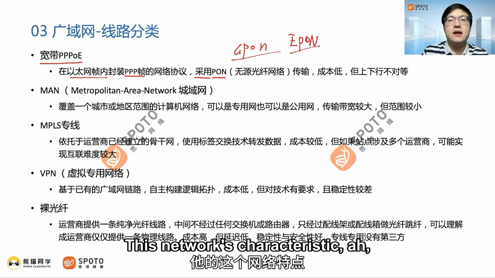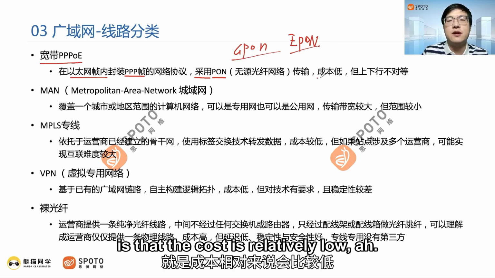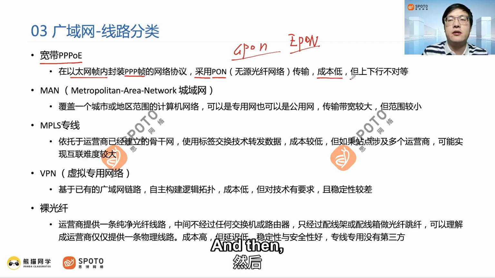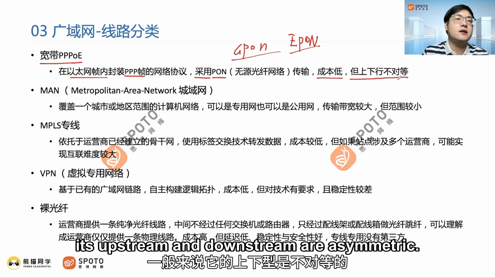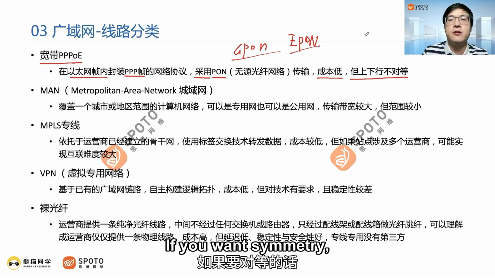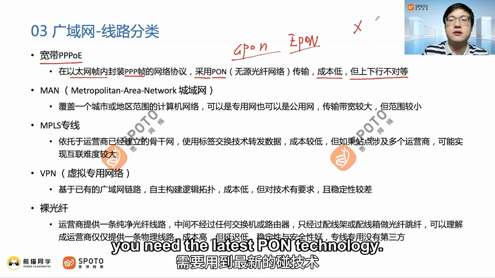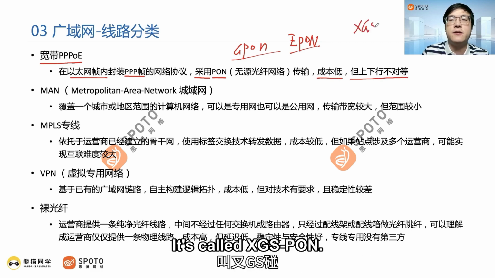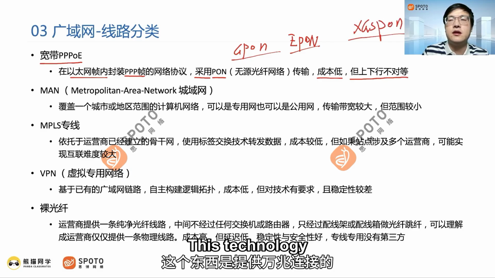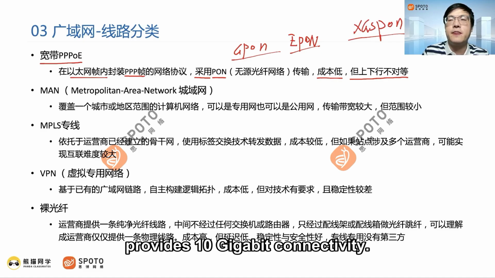This network's characteristic is that the cost is relatively low, and generally its upstream and downstream are asymmetric. If you want symmetry, you need the latest PON technology, called XGS-PON. This technology provides 10 gigabit connectivity.